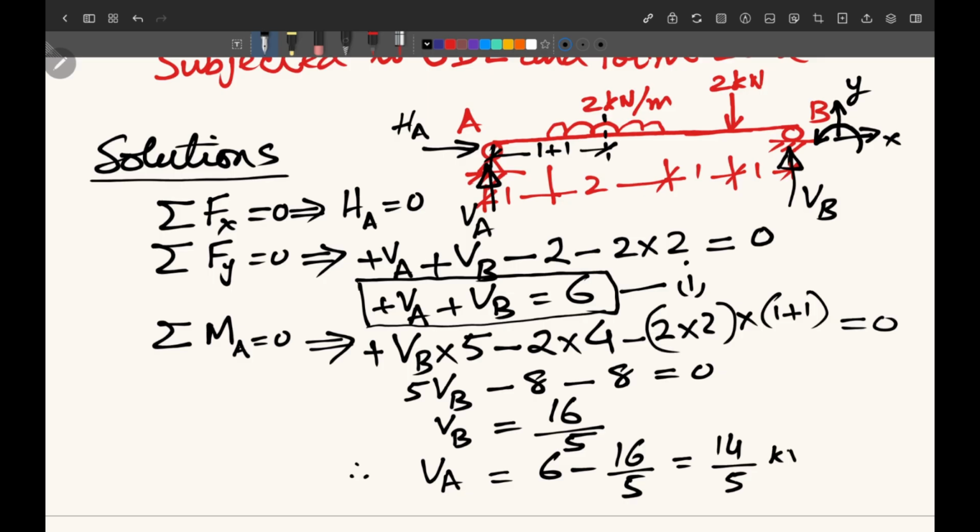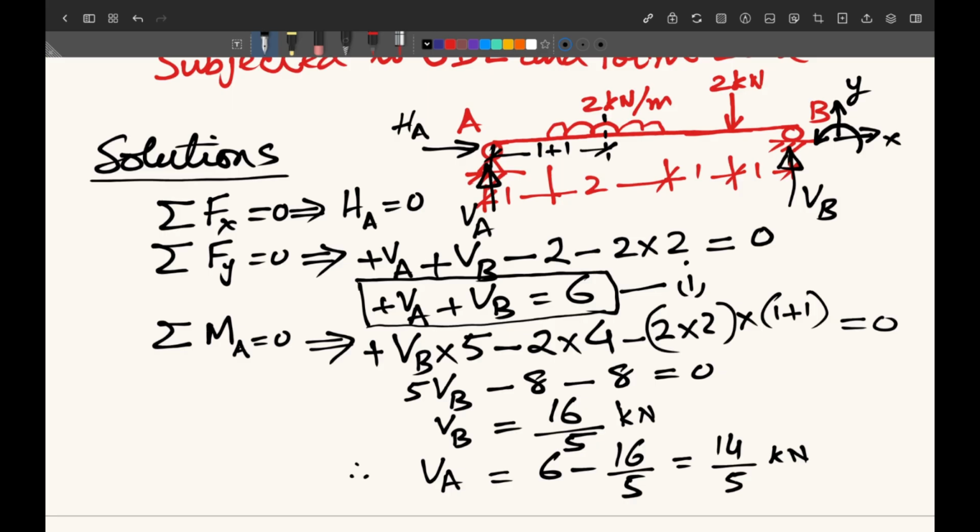So with this calculation, we get the value of the support reactions at A and B of this simply supported beam, which has a point load and UDL.